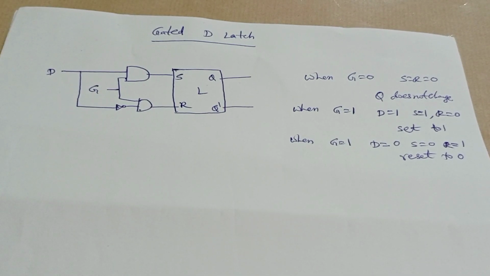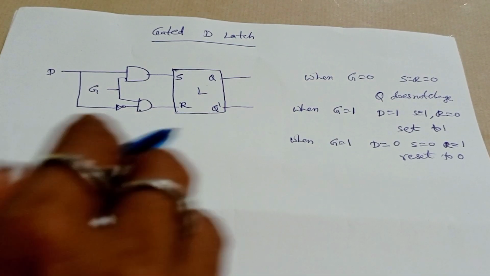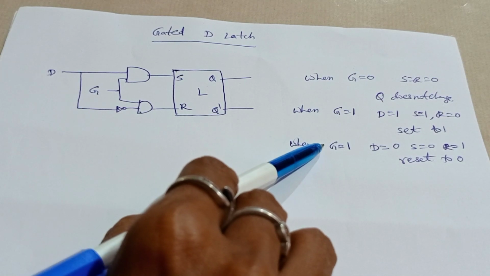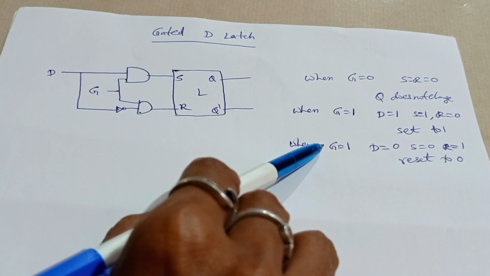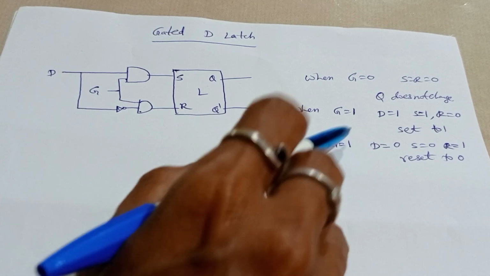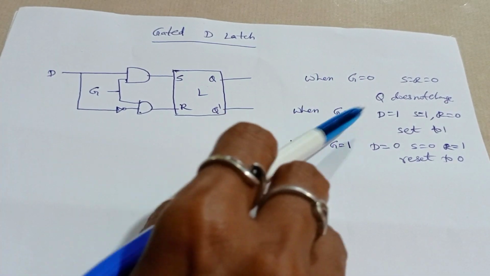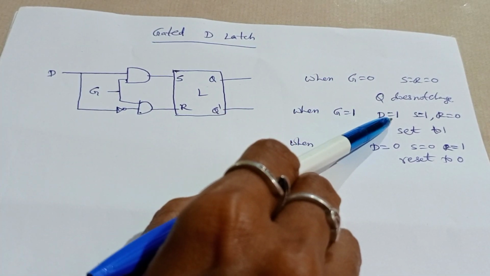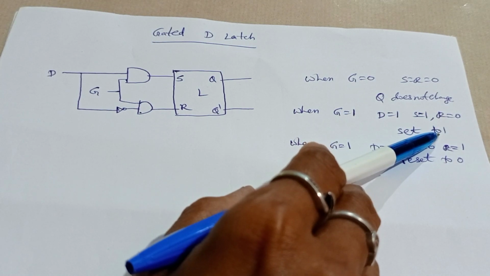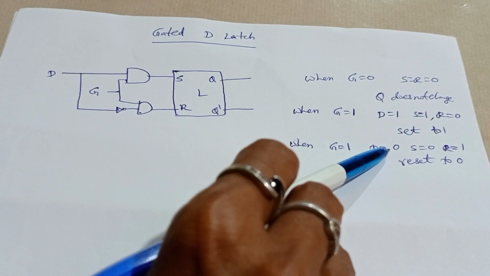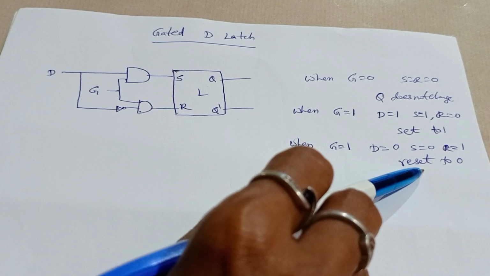In other words, we can consider that when G is equal to 1, the output Q follows the D input. Always G should be 1, and when D is equal to 1, then output Q is 1. When D is equal to 0, output becomes 0.